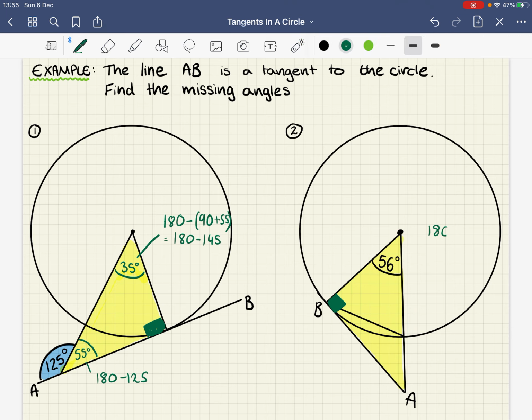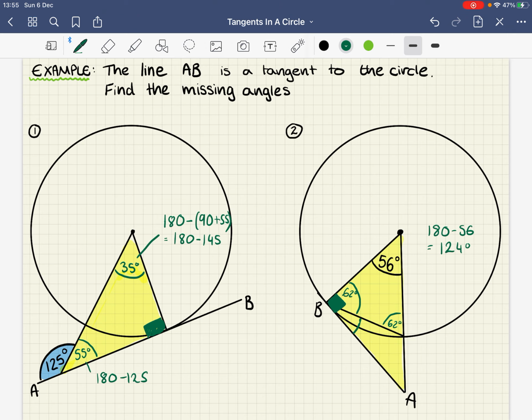So I want to do 180, take away that 56, which is going to give me 124 degrees. And so that means my two little inner bits of my angle there is going to be 62 degrees, 62 degrees. Then I need to find out what my angle is going to be on the other side.